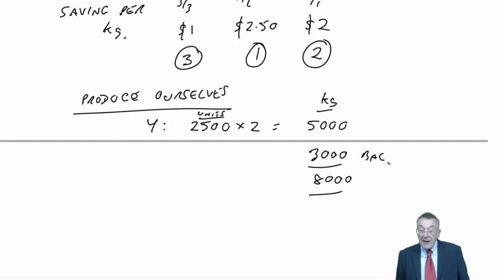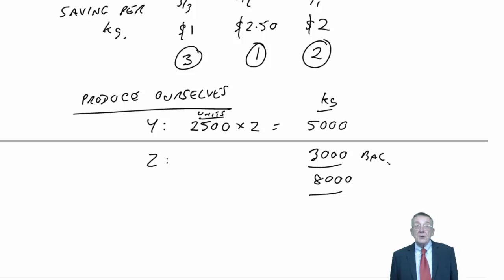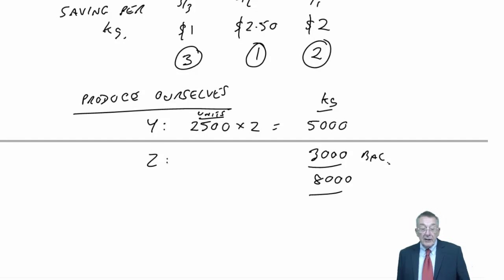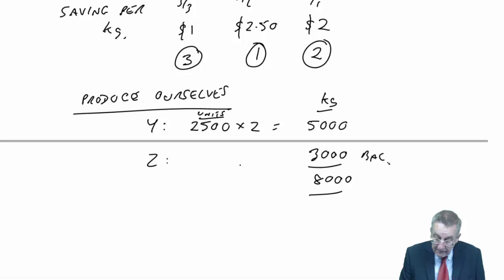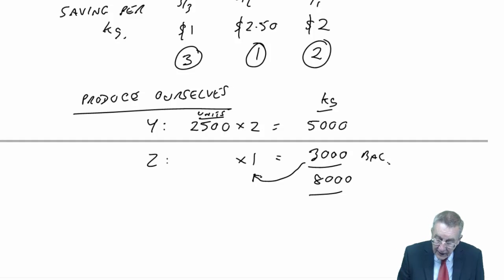So we'll go to the next best, which was Z, and make as many Zs as we can. Again, there's no way we'd make more than 4,000 because we wouldn't sell them. But in fact, we don't have enough material to make 4,000. Each Z takes 1 kilo, and therefore we're only able to make 3,000 units.